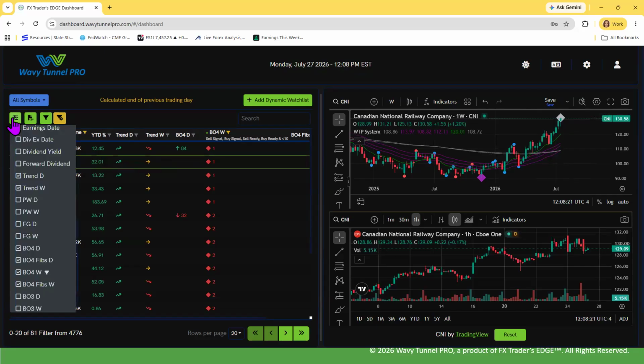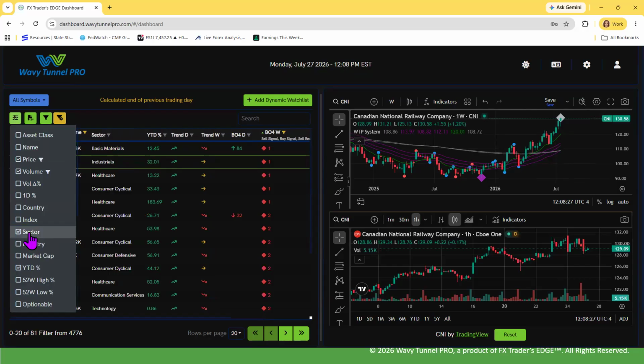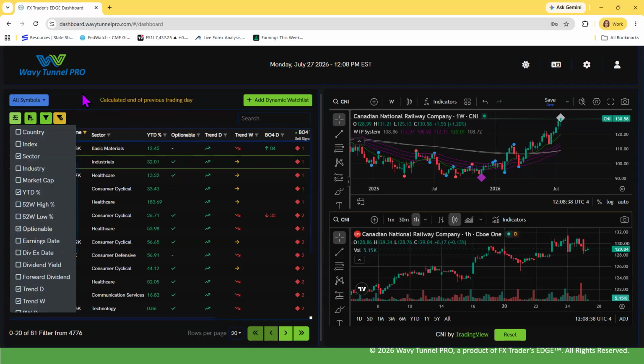Oh, and the other thing that I want to put here, I want to put the sector so I can see what sector we're in. And the other thing that I'd like to do is see if it is optionable. So let me check that off. And we can still see the weekly.